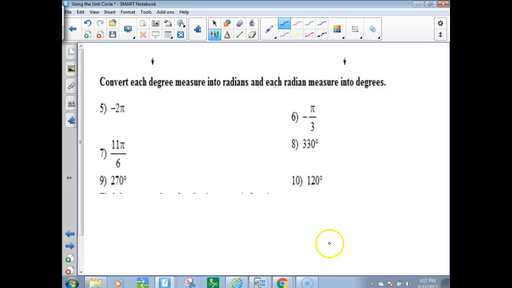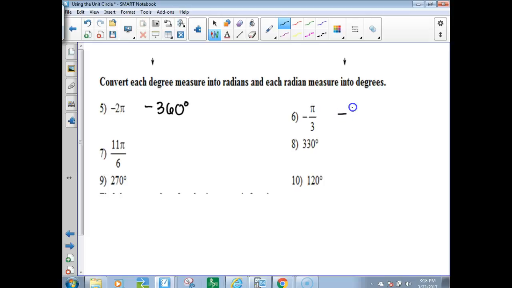All right, convert each degree measure into radians, each radian measure into degrees. Some of these are right on the unit circle. This should be, think about it, once around the circle backwards. Negative pi over 3. Well, that would be where your 5 pi over 3 is, isn't it?